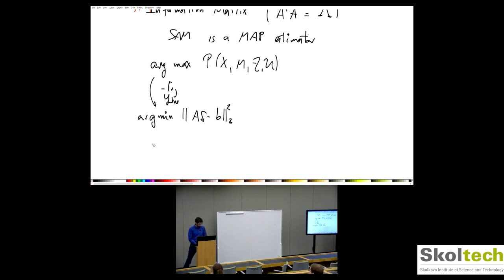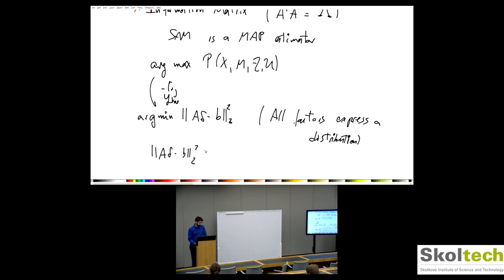All factors express a distribution. Okay, so we have this form. This is what we want to calculate.